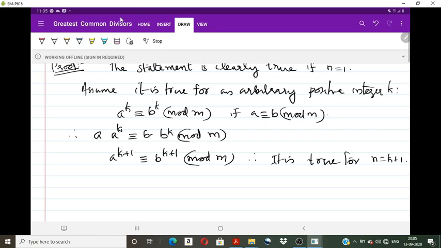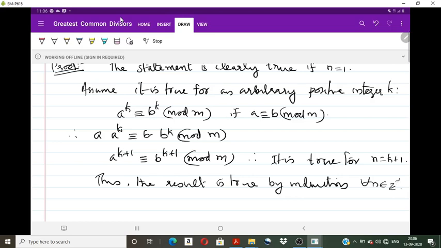Then by the principle of mathematical induction, the result is true for every positive integer n, that is, n belongs to Z plus.